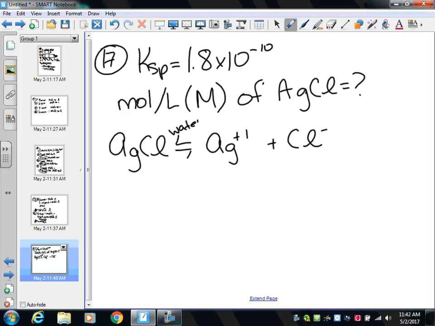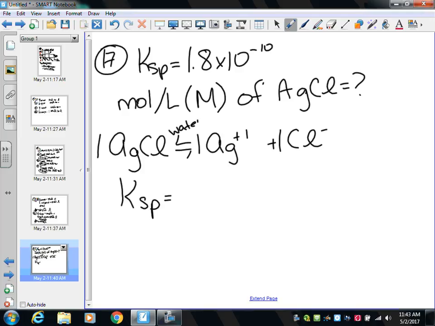And if we look at this, this is a 1 to 1 to 1, right? Because it said saturated, remember that saturated is that QSP value, so our QSP equals KSP, just as extra info. But when I look at this, it's a 1-to-1 ratio.